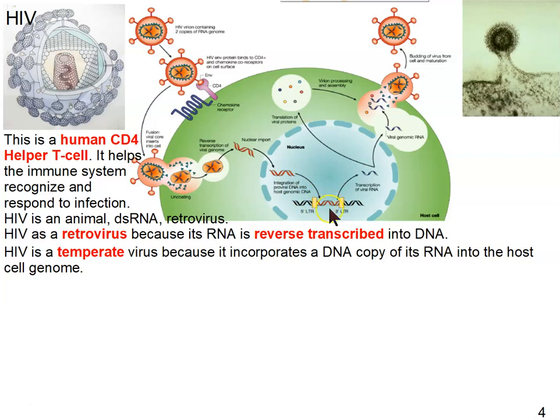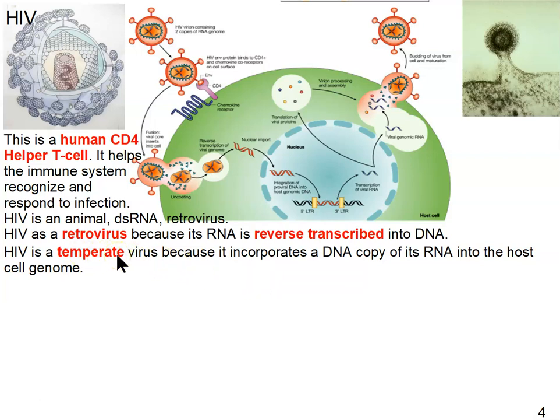And it's going to remain there, and that CD4 helper T cell may even undergo cell division and pass on that provirus to its daughter cells. So you can end up with a whole population of helper T cells that has the provirus just waiting inside to someday be expressed and result in the destruction of the cells.